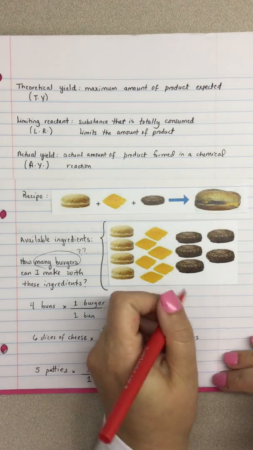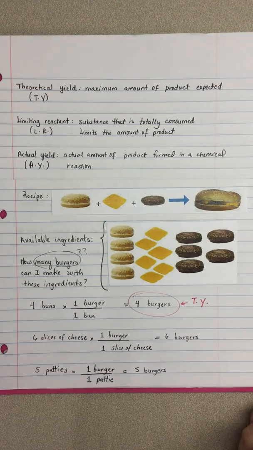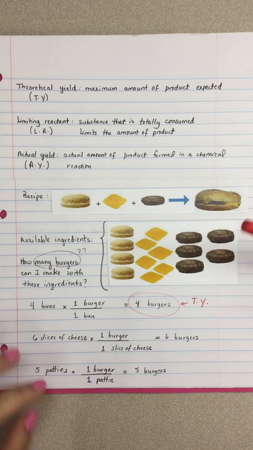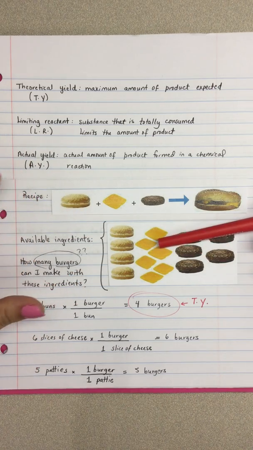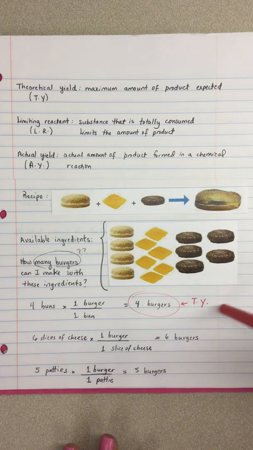So 4 burgers will be your theoretical yield. In theory, if you have 4 buns, 6 slices of cheese, and 5 burger patties, you can get 4 burgers.